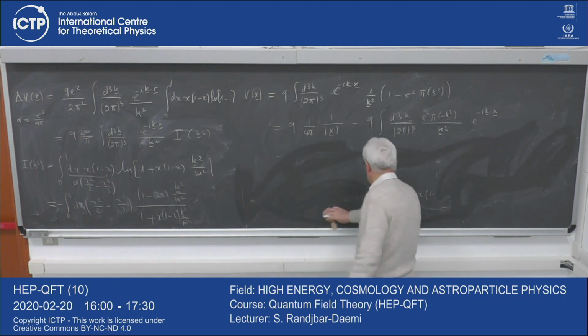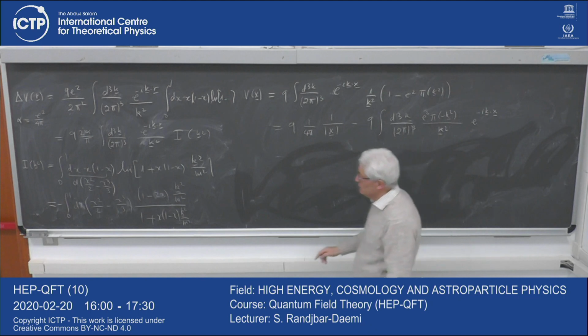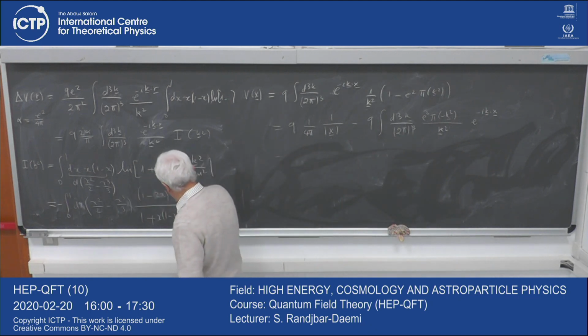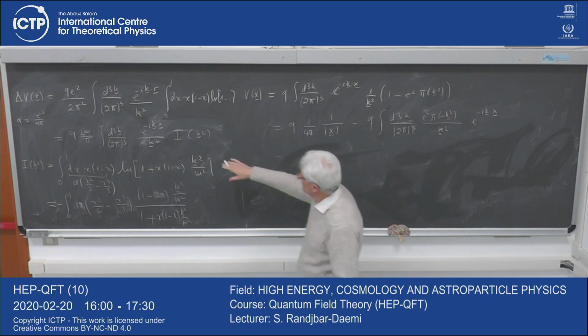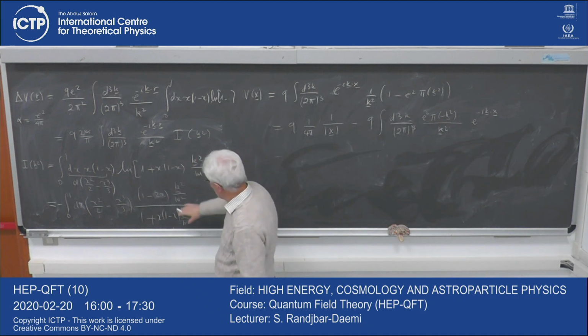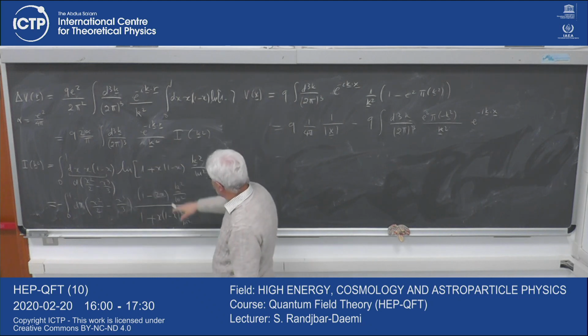You see that even in the form which looks complicated, if you take this I and substitute in here, this is what you want to do. Eventually you have to put that I in here and evaluate the K integration and then evaluate the X integration.